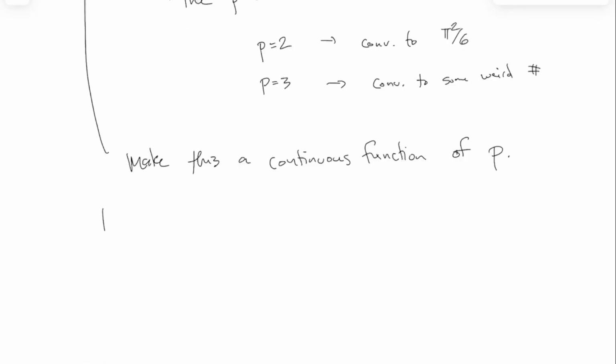But there's a name for this, and this was actually studied by another famous mathematician that everybody knows. This was studied by Riemann, also known for the Riemann sums. This function is called Riemann's zeta function.